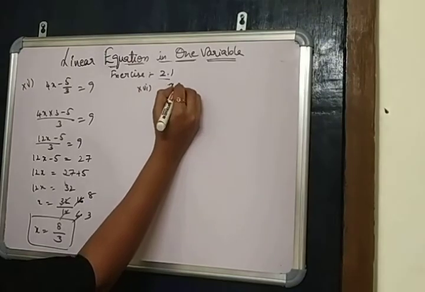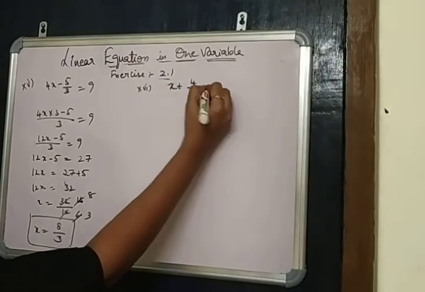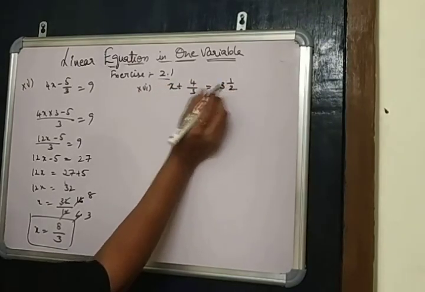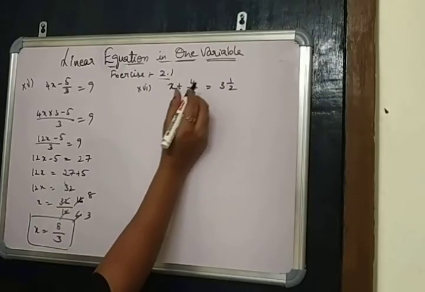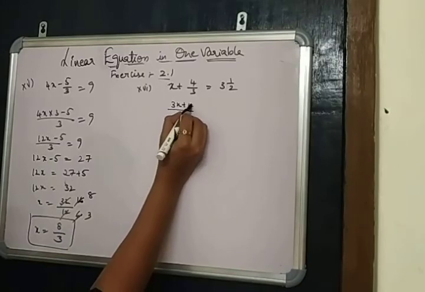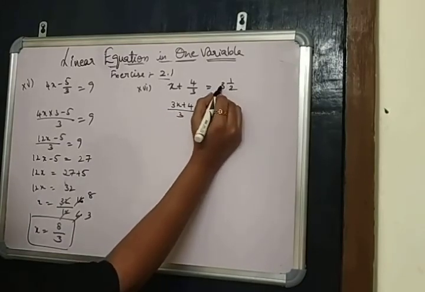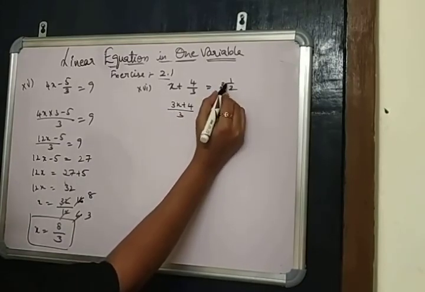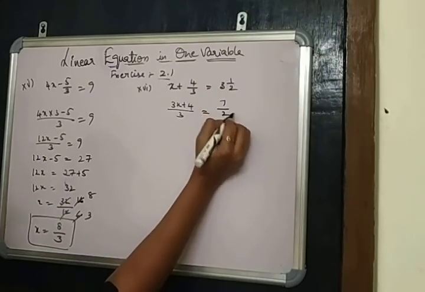Next, x plus 4 by 3 is equal to 3 1 by 2. Take LCM. 3x plus 4 is equal to 3 into 2, 6 plus 1, 7.